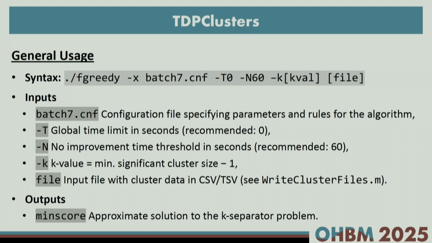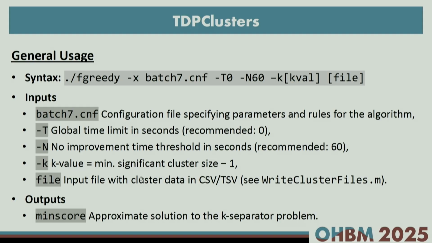So what you need to specify is the K parameter. The K parameter here is the minimum significant cluster size minus 1. As I mentioned, the minimum significant cluster size is outputted in the cluster TDP. It is one of the intermediate outputs of the cluster TDP tool, and you need to grab that information, which will be used here. And also the file.